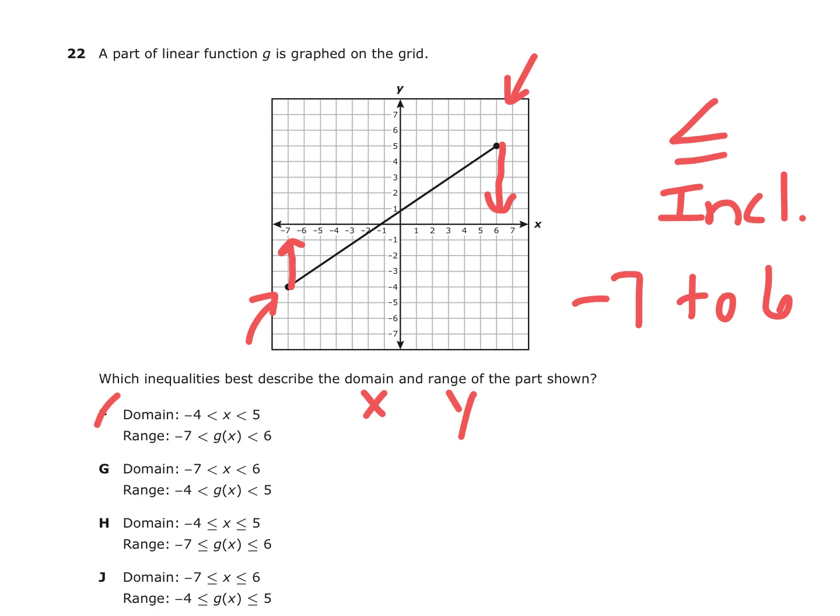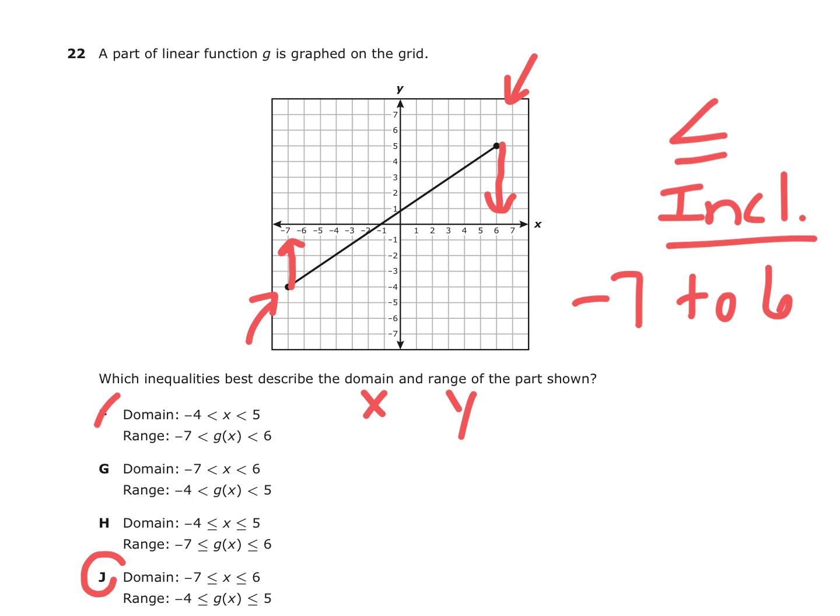G is -7 to 6, except it's less than, it's not including the endpoints, so I don't think that's the correct answer. H is -4 to 5. How about J? J is going from -7 to 6, using less than or equal to on both endpoints. So it looks to me like J is the correct answer.